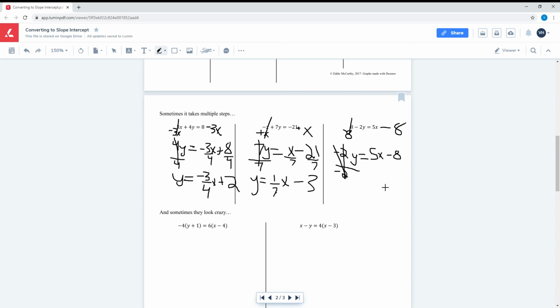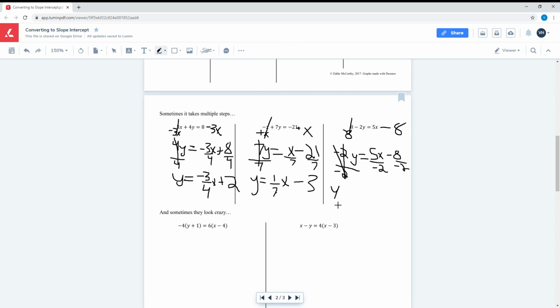So negative 2 divided by negative 2. But that means that you got to divide by negative 2 all the way on the other side of the equation as well. Okay, that's really key. Don't forget this negative. People always forget it.